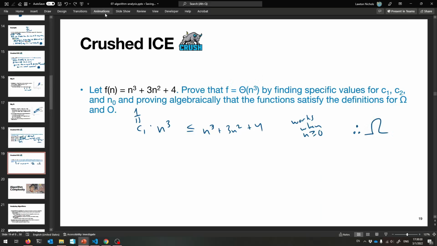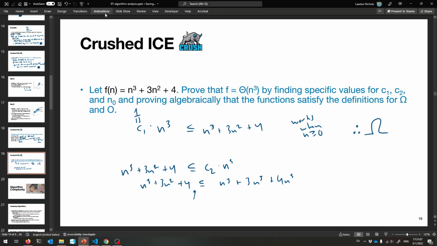Okay? And then I need to also prove that f is big O of n cubed. So I need to find an upper bound now. n cubed plus 3n squared plus 4. What's an upper bound? You can use my little pattern involving n cubed, right? So I need to find some C2 times n cubed. What's a good one to use? Well, let's do it this way. Let's take n cubed plus 3n squared plus 4 and change everything that's not n cubed to n cubed. And so then we have n cubed plus 3n cubed plus 4n cubed now.